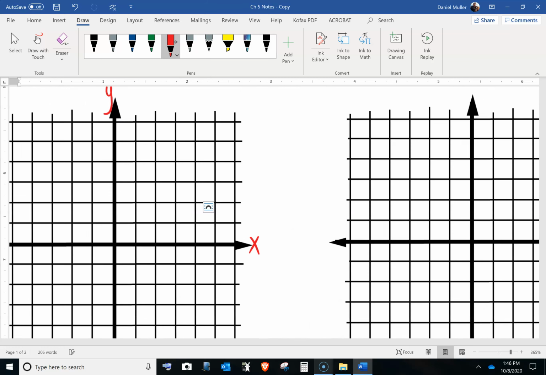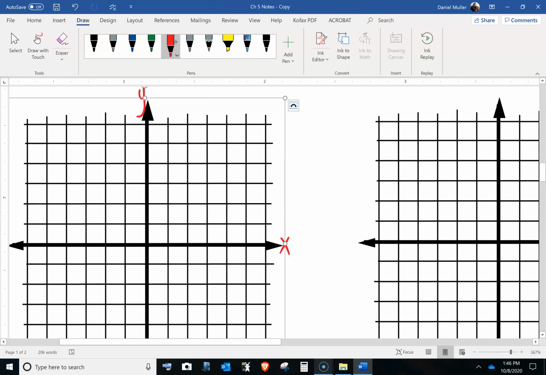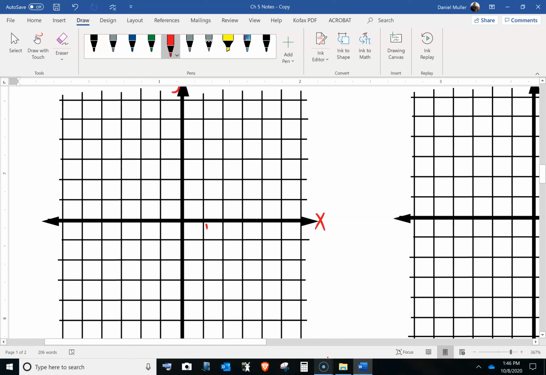For the first one, just as a reminder, I will label. Heading right is positive, so 1, 2, 3, 4, 5, 6, and negative 1, negative 2, negative 3, negative 4, negative 5, and negative 6.